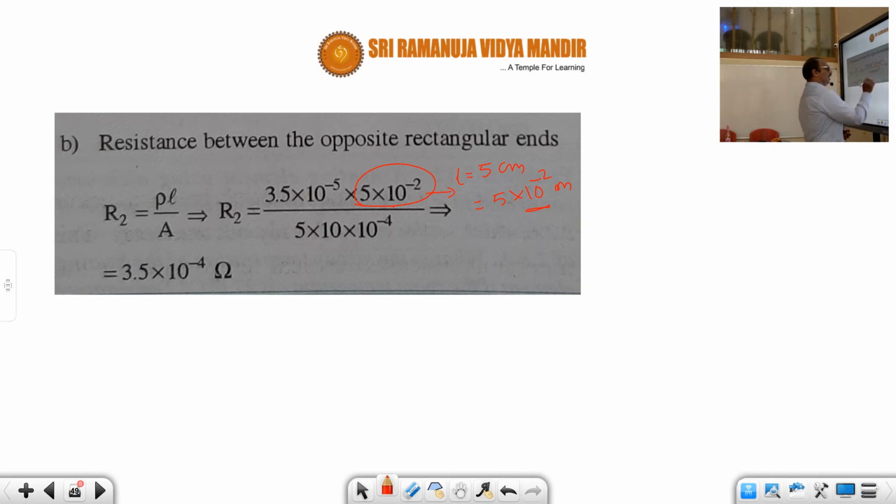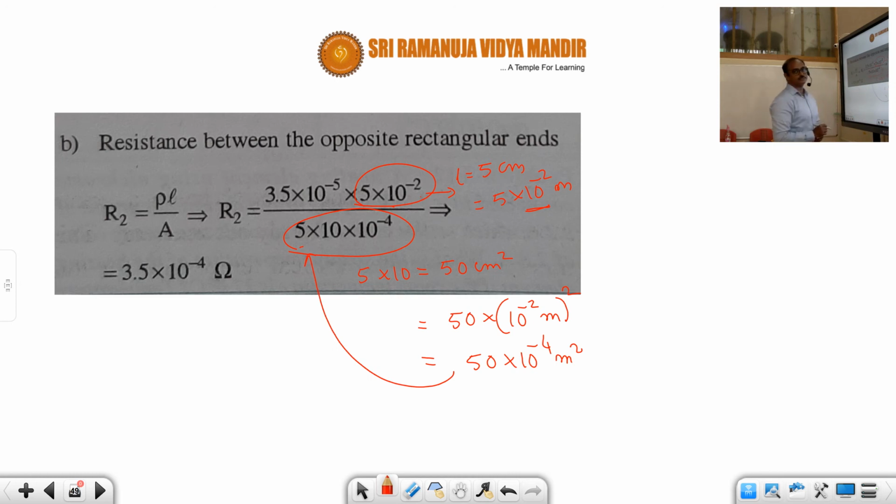And this is the rectangular area, length into breadth, that equals 5 into 10, which is 50 centimeter square, that equals 50 into 10 to the power minus 4 meter square, because 1 centimeter equals 10 power minus 2 meter and the whole square will come. That's why they have written in this manner.